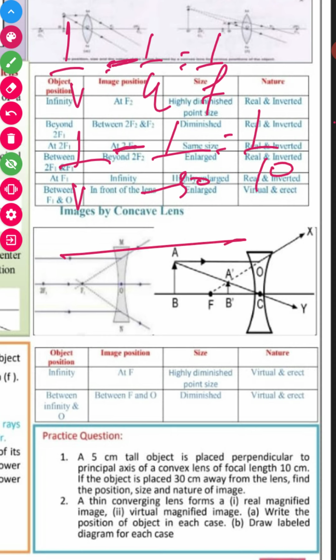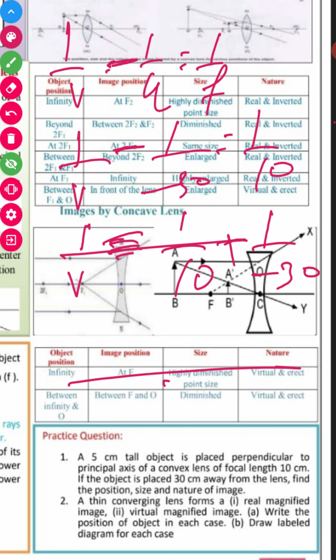If you find out the value of 1 upon v, then we have 1 upon 10 plus 1 upon minus 30. If you take the LCM here, it will become 3, and this plus minus 1 upon 30, 3 minus 1, that is 2 by 30.